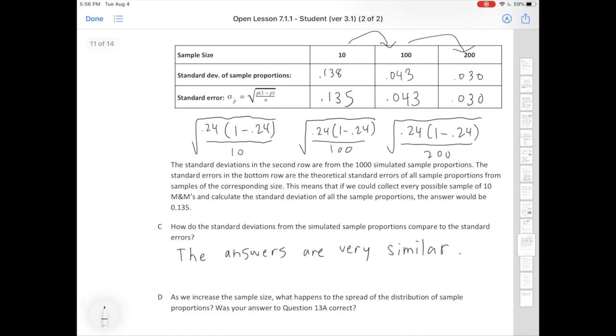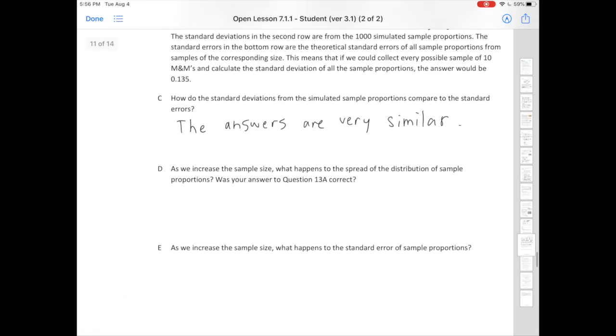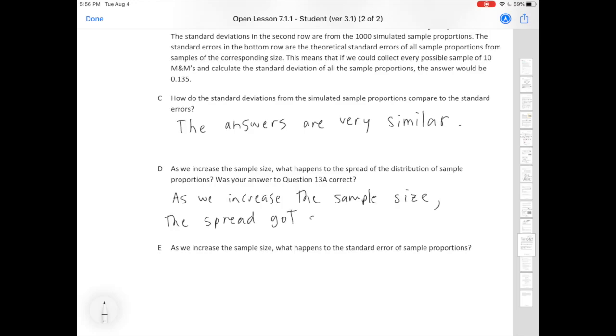Which means that our picture in our simulation got narrower. So I'll say, as we increase the sample size, the spread got smaller. Or another way to say that is narrower, right?